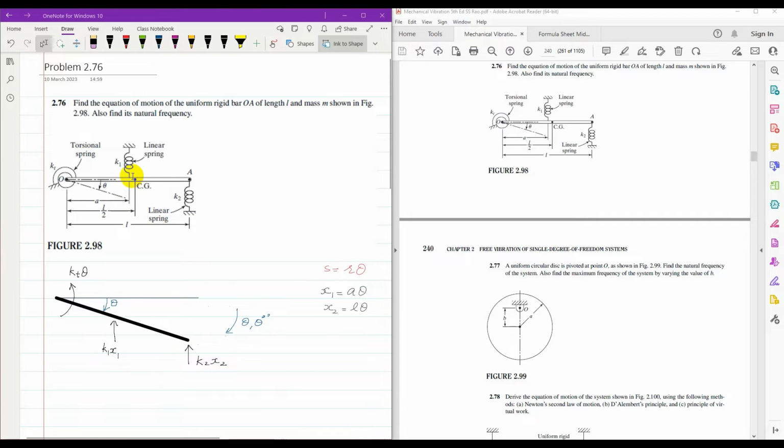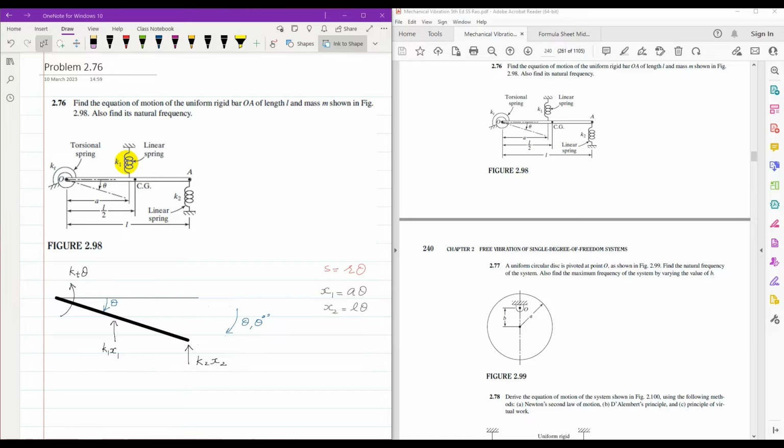The weight of the rod acts in the downward direction, but it is supported by the static deflection of the two springs attached here.